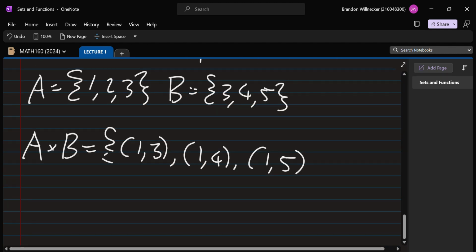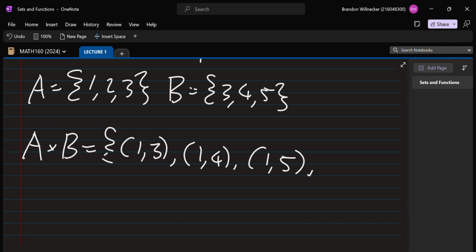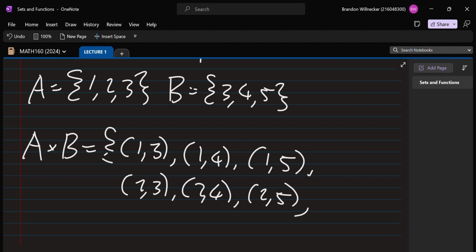That's like your first row, if you want to think of it like that. But this continues. We can take the 2 from A and 3, 4, 5, so we'll have (2, 3), (2, 4), (2, 5). You can write all of this on one line, that's fine.